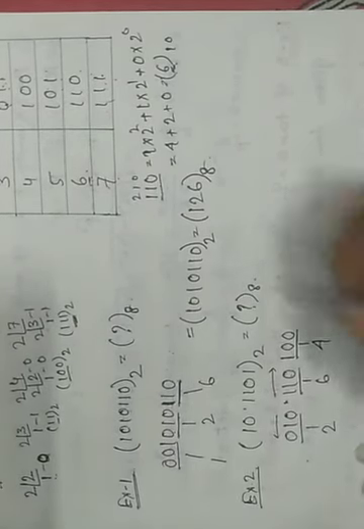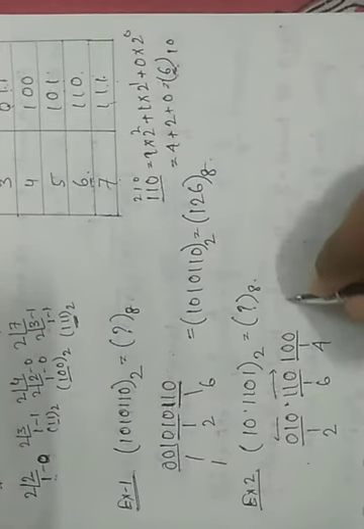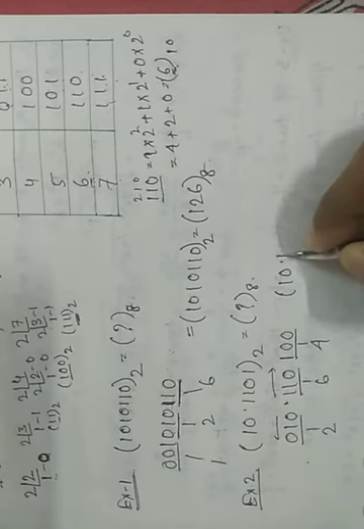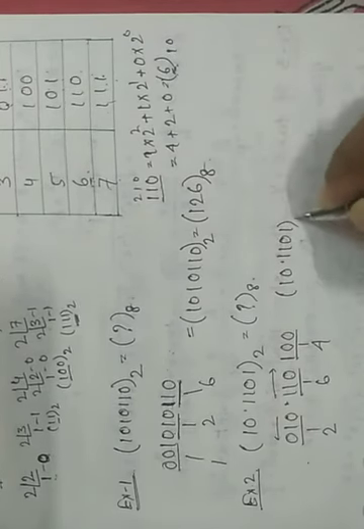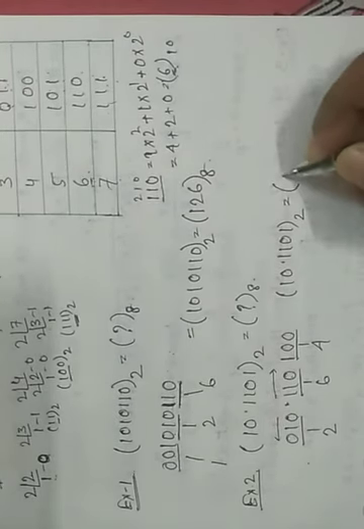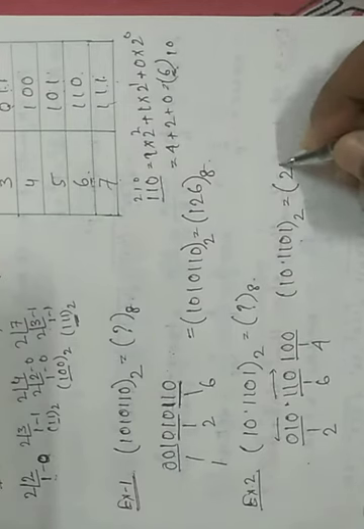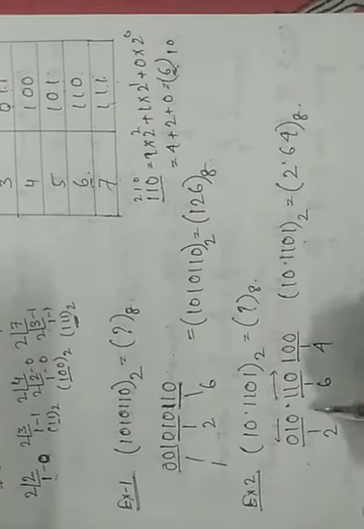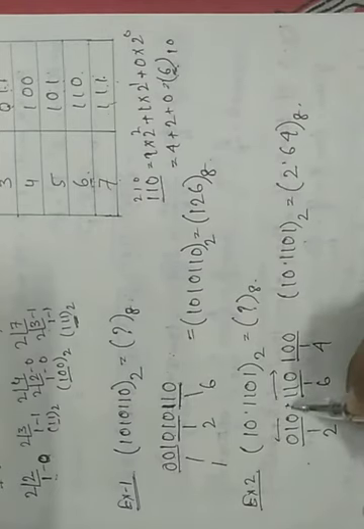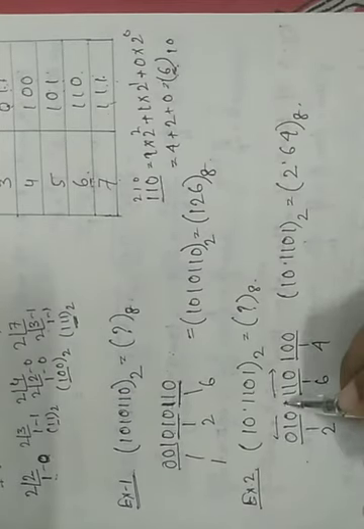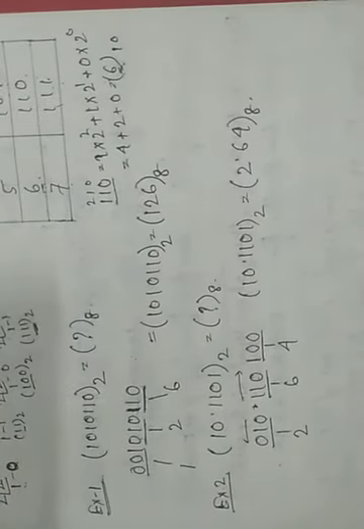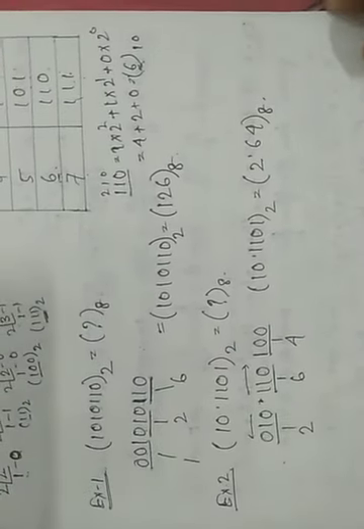You can get this value from this table. So we can write 10.1101 in base 2 equals 2.64 in base 8. We have to place the decimal point where it is placed. Okay, so this is how we convert from binary to octal.